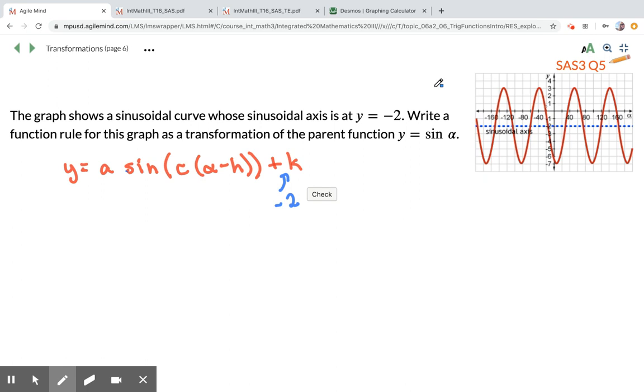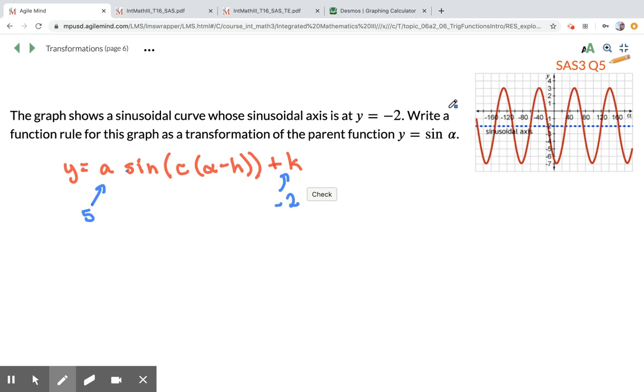I'm at -2, but to get to my maximum I had to go 1, 2, 3, 4, 5 units to get up to my new amplitude. So I'm pretty sure my a value is 5. Sweet. We have a little more work to do for the others, but nothing terrible.